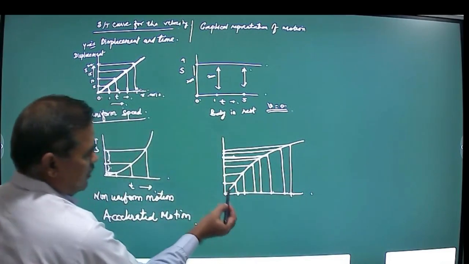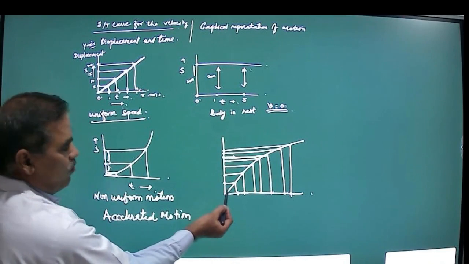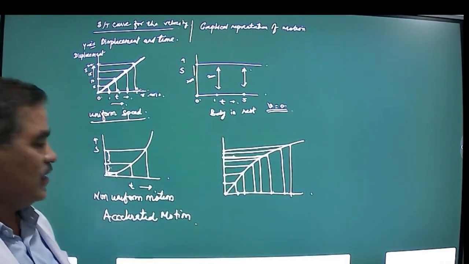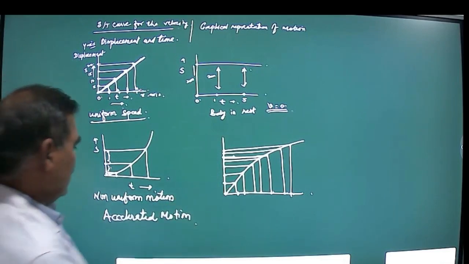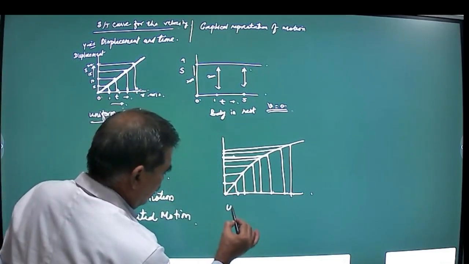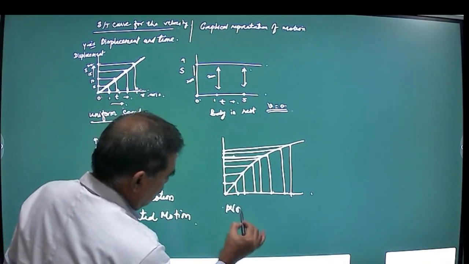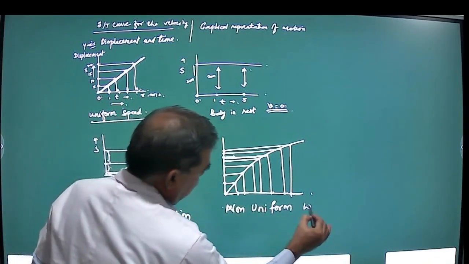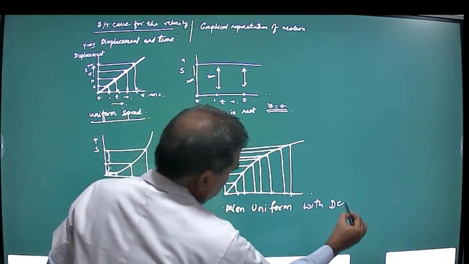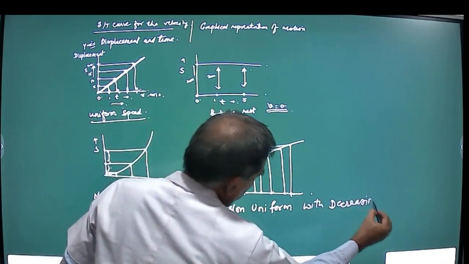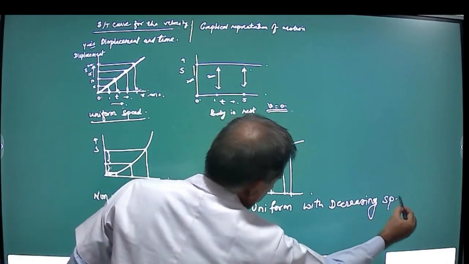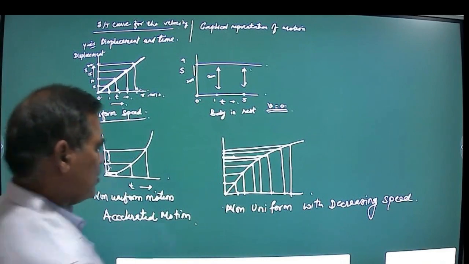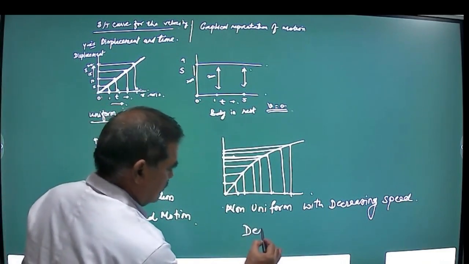The distance covered in the first second is the highest, and later the distance covered in the nth second is reducing. It means the motion is non-uniform, with decreasing speed. So this is known as decelerated motion.